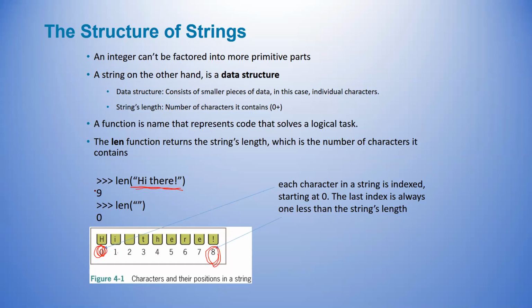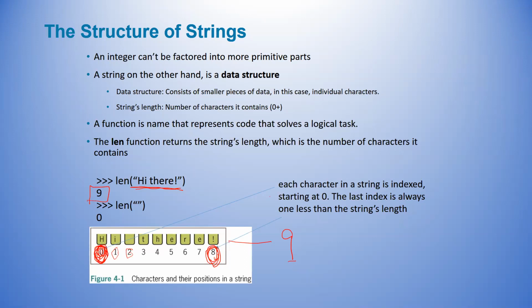You have to wrap your mind around this concept, because I find that a lot of students get confused about this. The length is 9, because if you count the characters, there are 9 characters. But when you look at the position, or what we call the index, of each character, we always start from 0. So this position is 0, not 1. And this is 1, this is 2. And the last one is always 1 less than the length, because we start from 0, right?